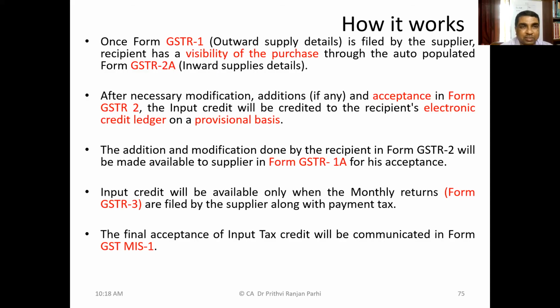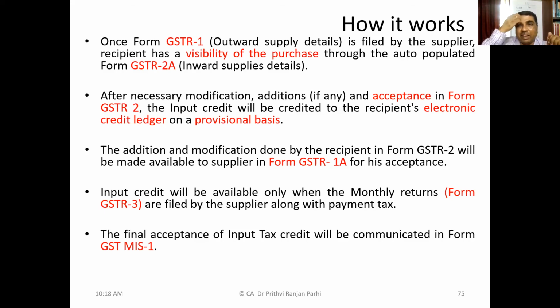Now, how does the system work? First of all, one files GSTR 1. Once someone files GSTR 1, his outward supplies become visible to the person for whom it is an inward supply. Suppose I am supplying some metal, I will be filing GSTR 1. For the person who has purchased, in his GSTR 2A it will be shown that this much ITC is available.